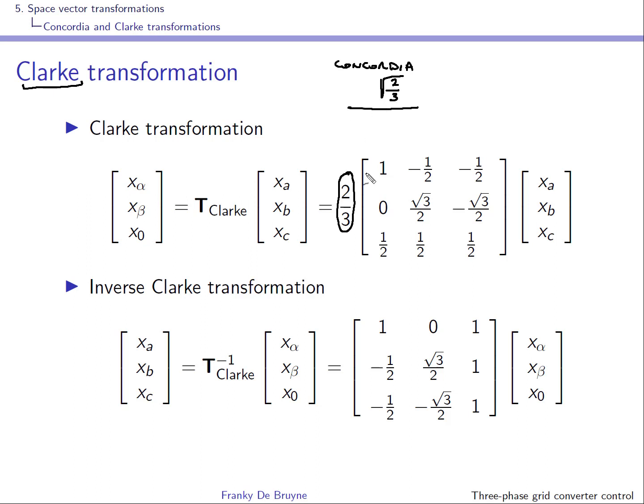So this change of the factor from square root of 2/3 to 2/3 implies that the inverse transformation is obtained like that, and as you can see, it is not the transpose anymore. So this Clarke transformation matrix is not orthogonal.